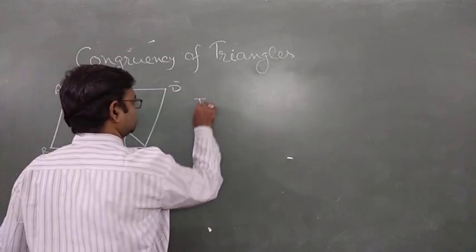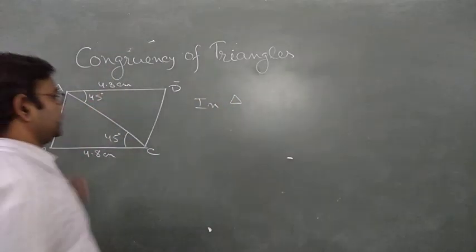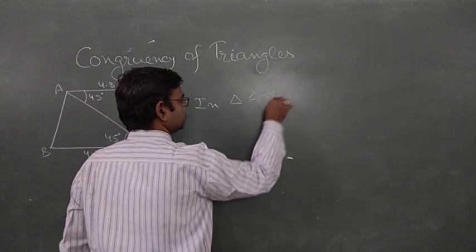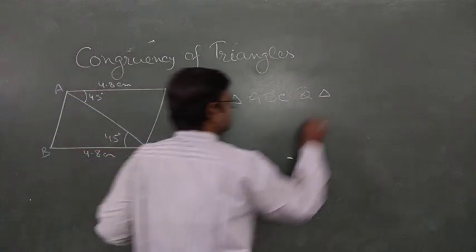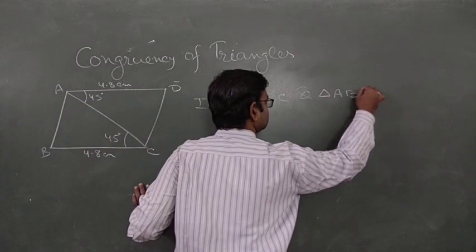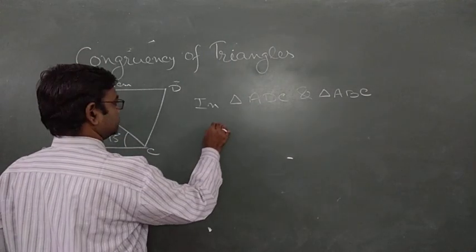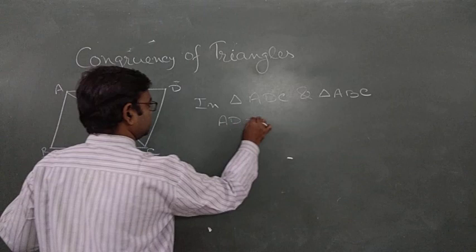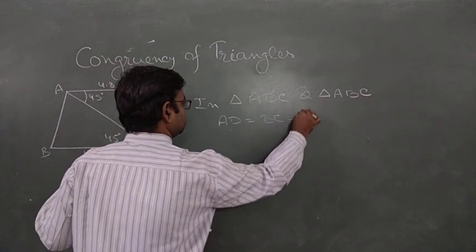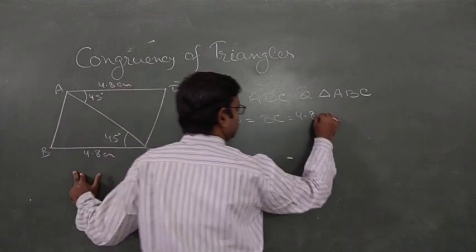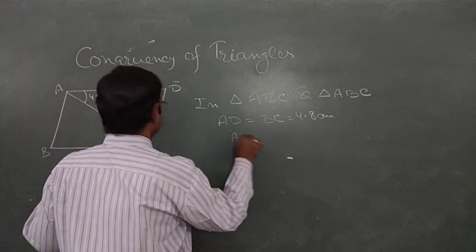Again, we write down: in triangle, first choose this one, ADC, and triangle ABC. In this case, we know that AD equals BC and it equals 4.8 centimeter, given, and side AC is common.